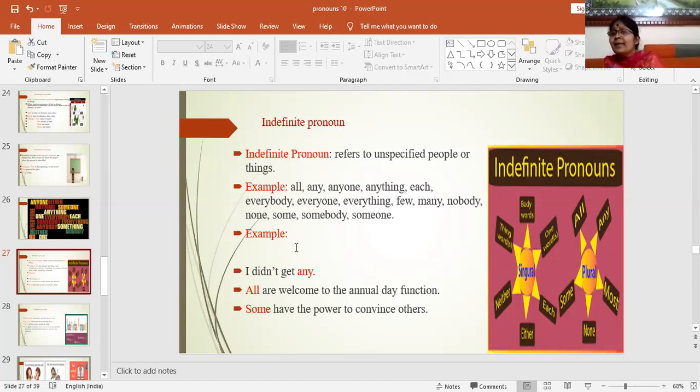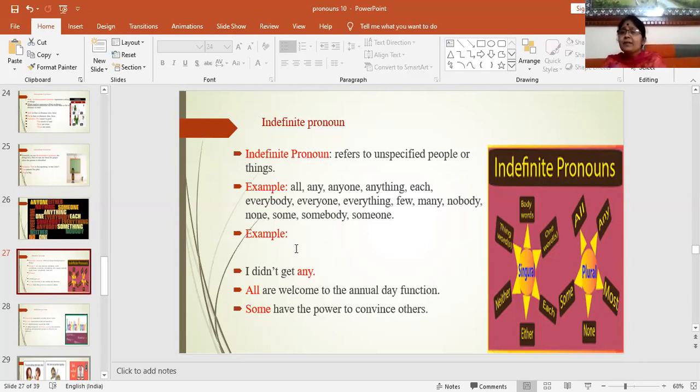Now let us understand this with examples. I didn't get anything. What thing? Nothing. I don't know which thing I'm talking about. I didn't get any. All are welcome to the annual day function. We are not specifying who has to come, all are welcome. Some have the power to convince others. Who is that some? We don't know.